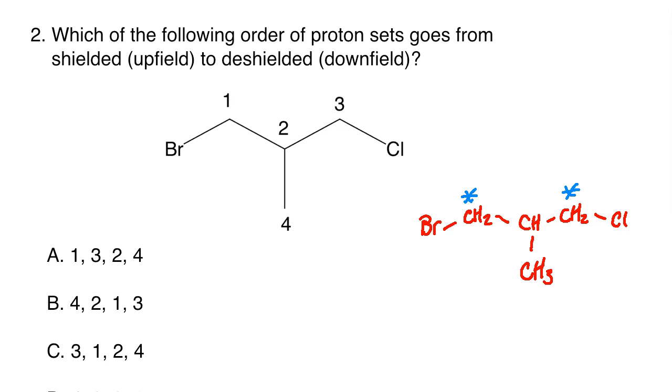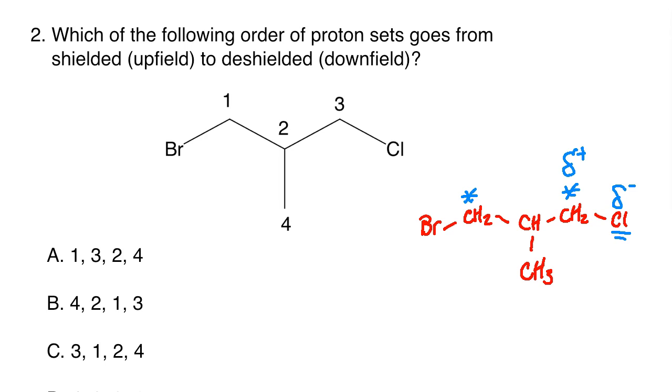And if we were to consider which one would have more deshielding, it's really a debate over which one has more electronegativity nearby. And chlorine is slightly more electronegative than bromine. It's got a larger partial negative, and so it's going to create a larger partial positive on this methylene group here.